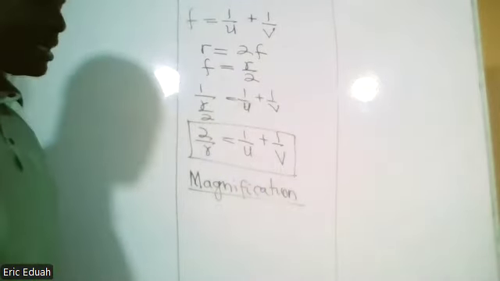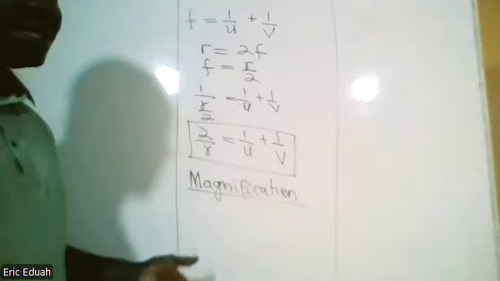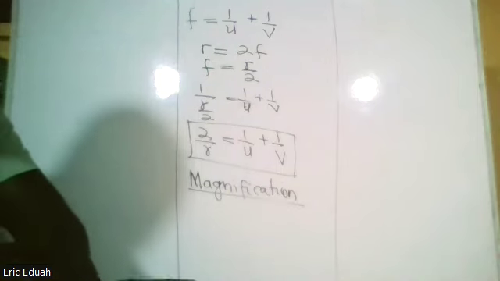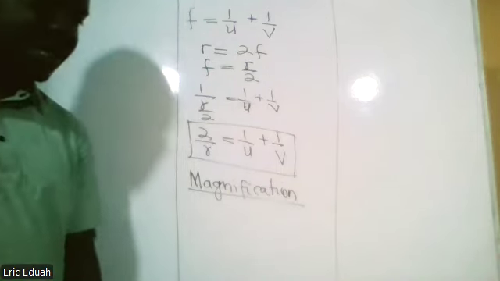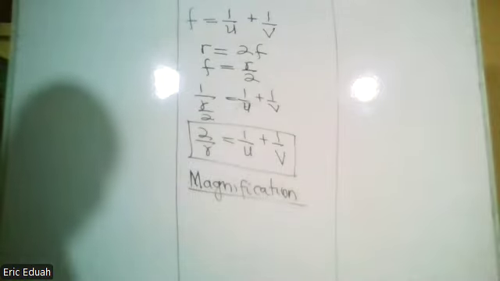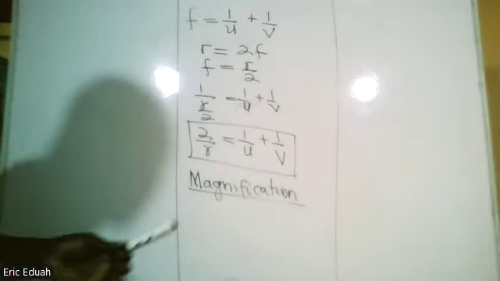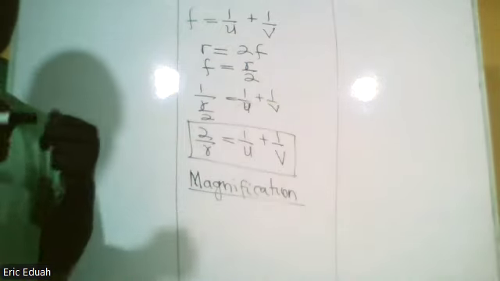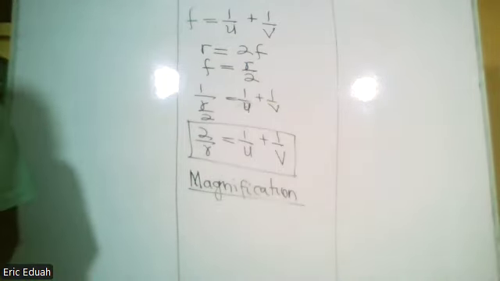When the image is formed and the size of the image is less than the size of the object, we say that the image is diminished. This magnified or diminished thing is what magnification expresses.